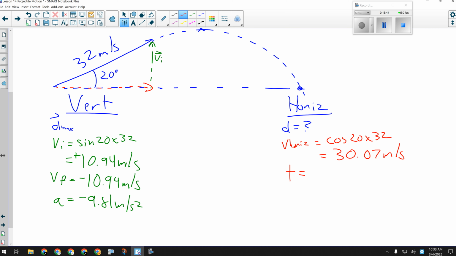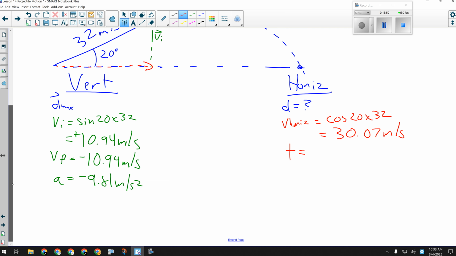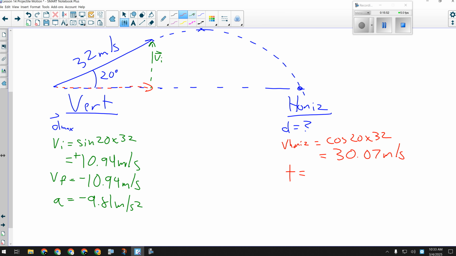Can I use last year's acceleration formula for that? Absolutely. Okay, so if I want to find what T equals, I'm just going to use this formula that we learned in Science 10.